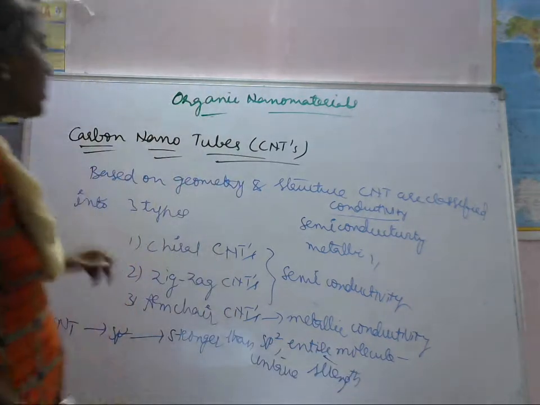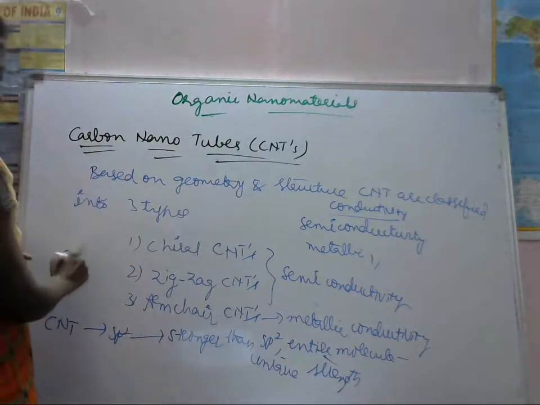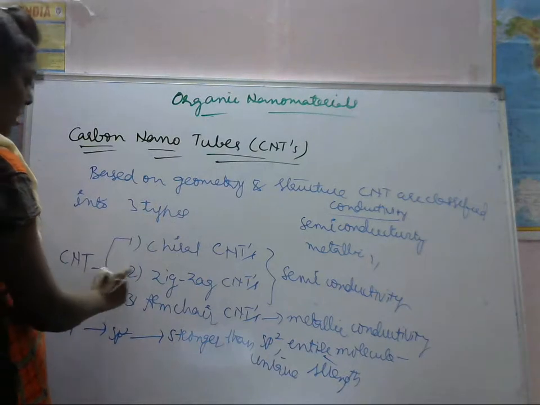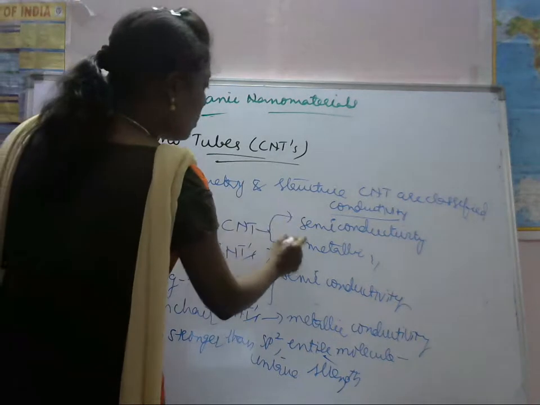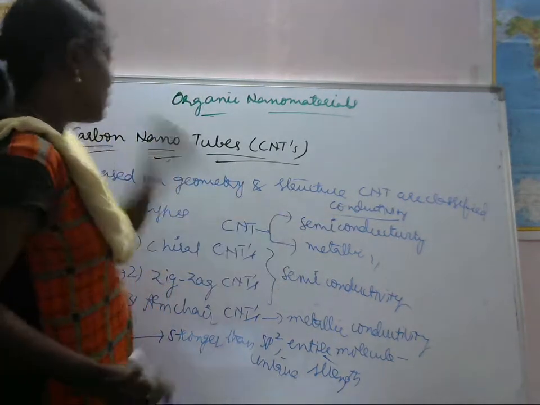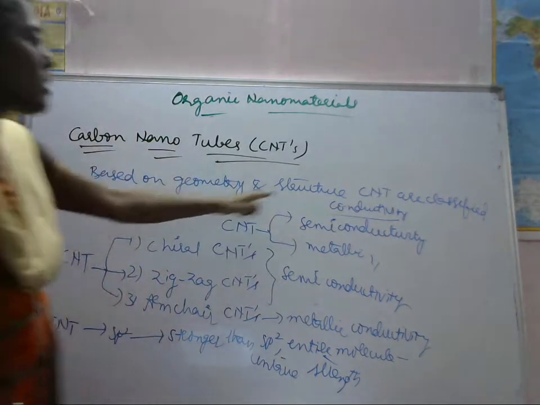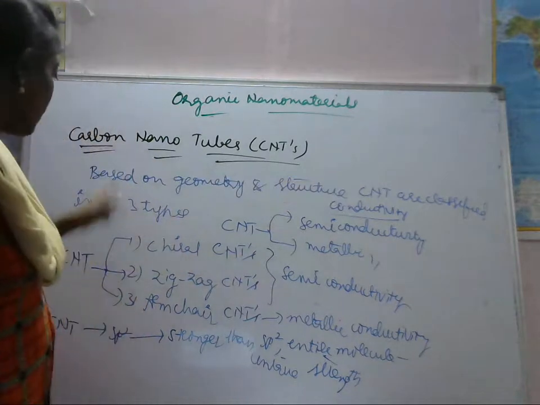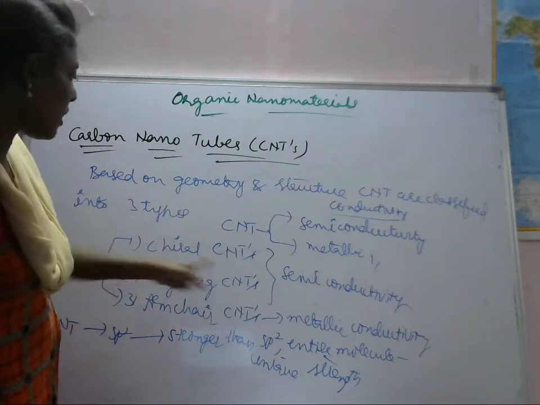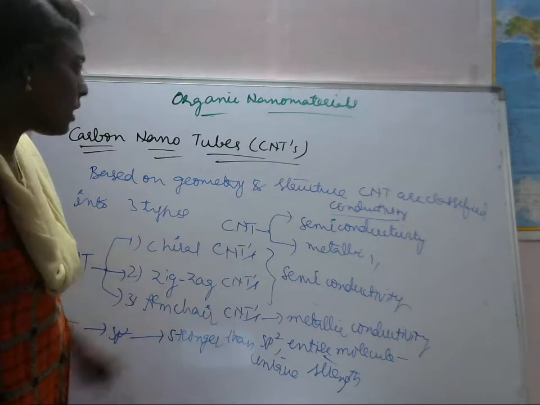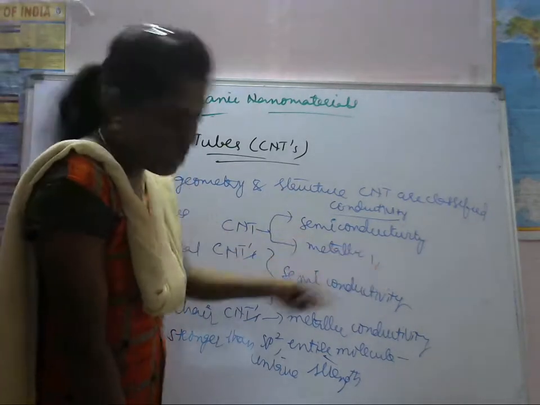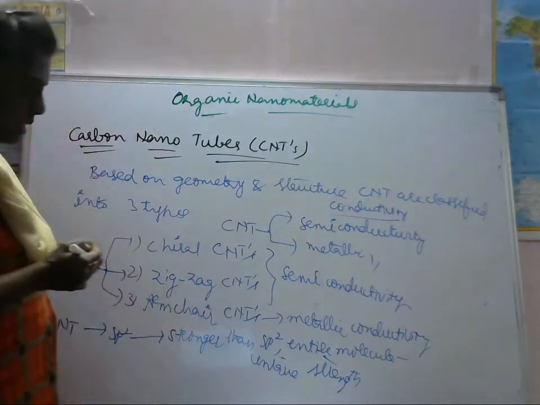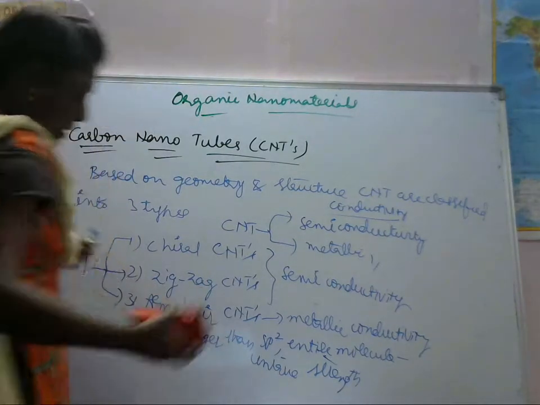So CNT is divided into 3 types based on geometry and structure, which are chiral, zigzag and armchair. Based on conductivity, these are semi-conducting and metallic conductors. Okay, let's see this one.